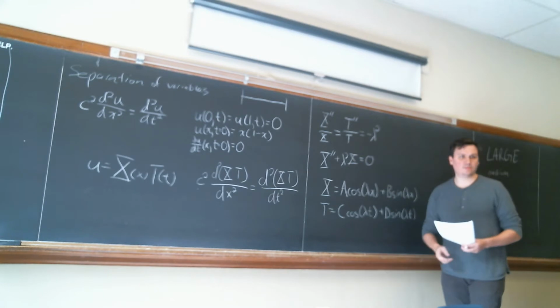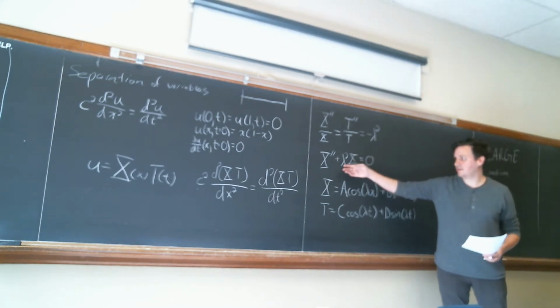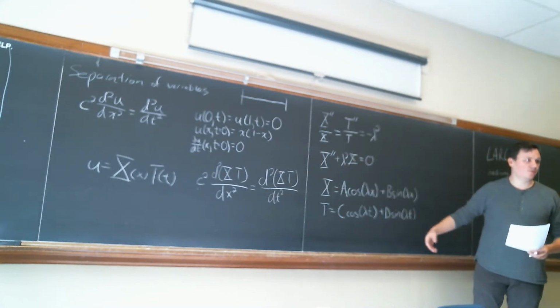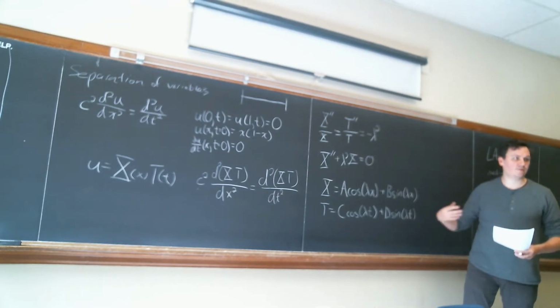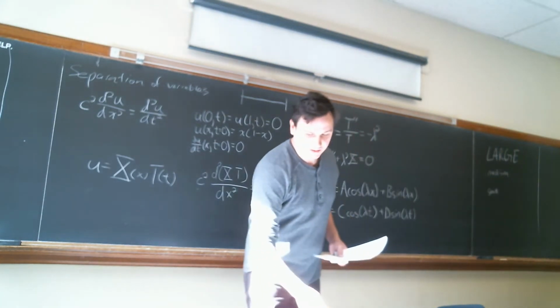So far it's not too bad. You solved these 2 different equations here and you get these 2 forms. And now it comes down to you have to apply all of your boundary conditions.